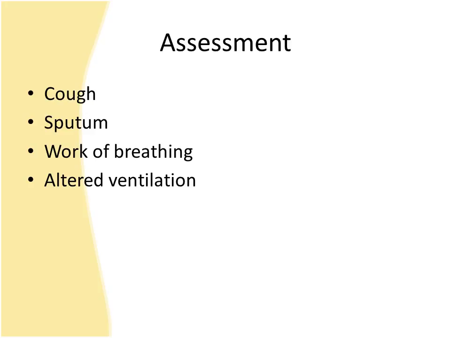Now, if you went back and thought about some of the things that we discussed earlier in this assessment, you would be able to come up with signs that indicate there's a change in work of breathing.